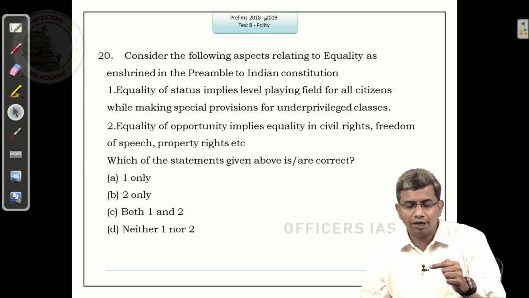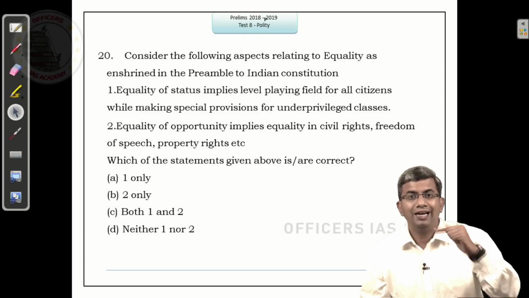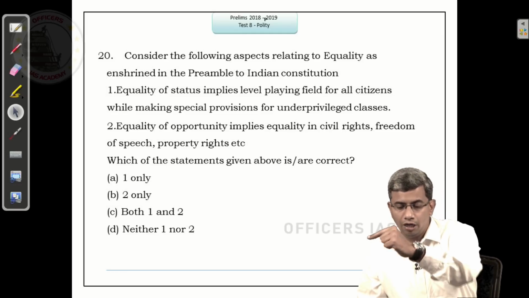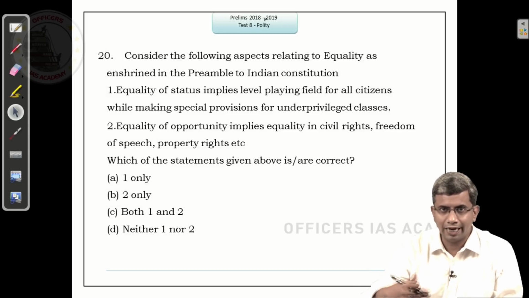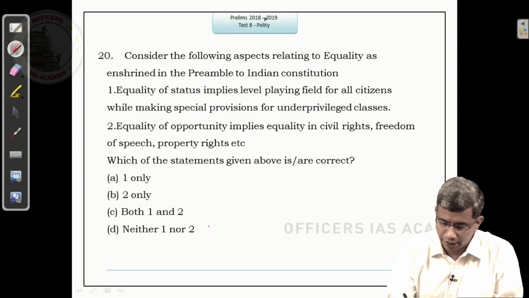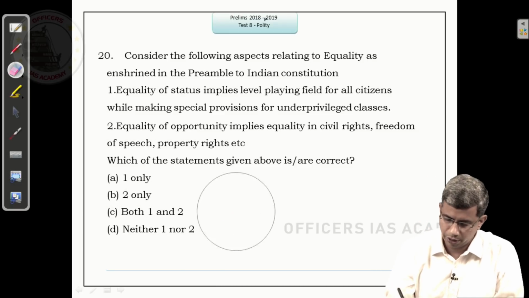What is equality of status? Equality in civil rights, freedom of speech, property rights, etc. What is equality of opportunity? Level playing fields for all citizens while making special provisions for the underprivileged classes. So this is just transposed. So which of the above statements are correct? Neither 1 nor 2 is correct. So the correct answer is D.